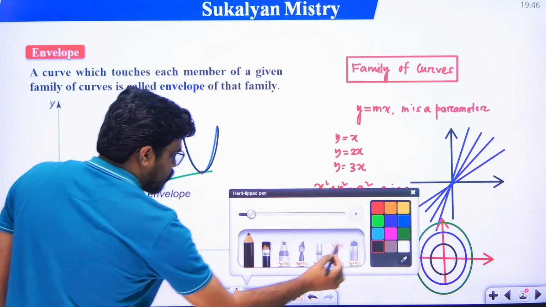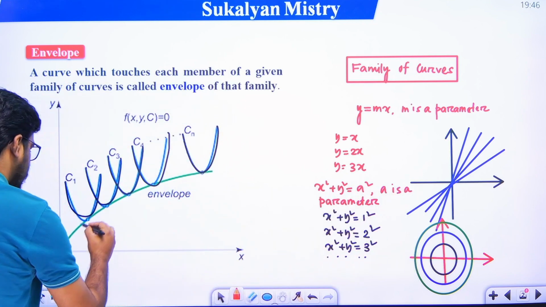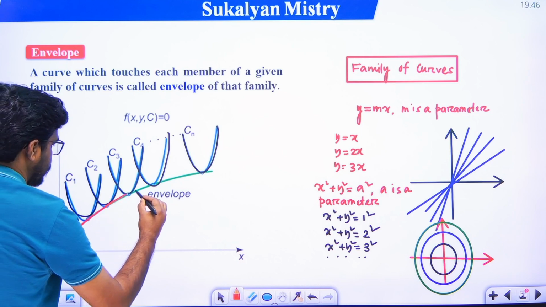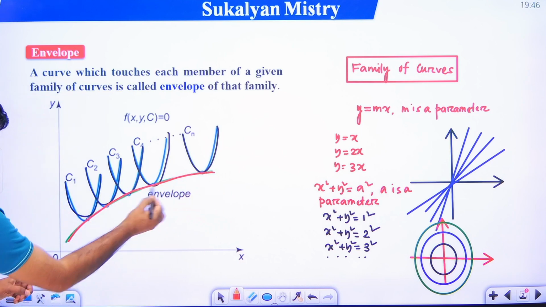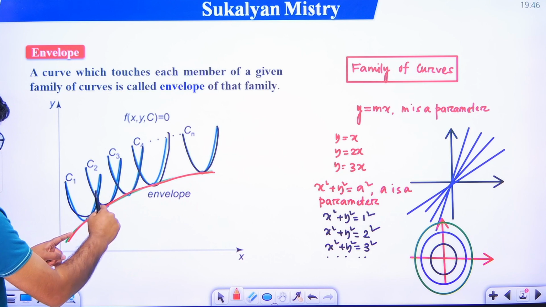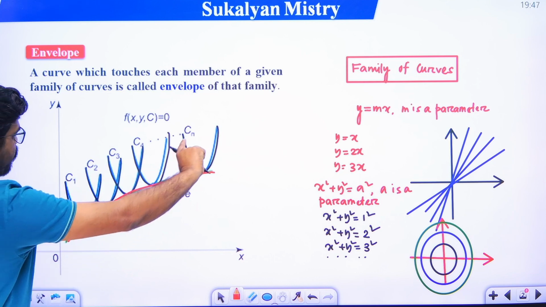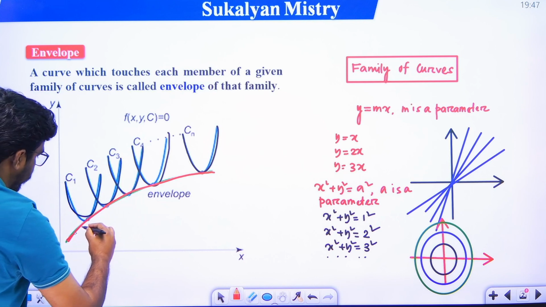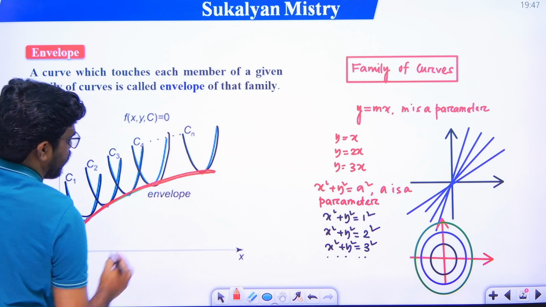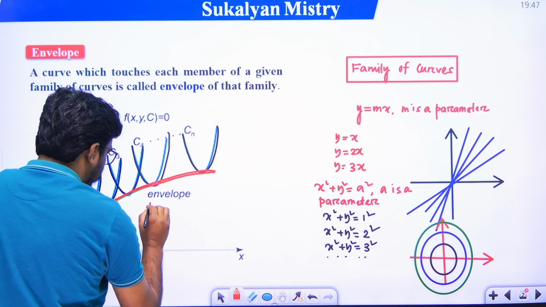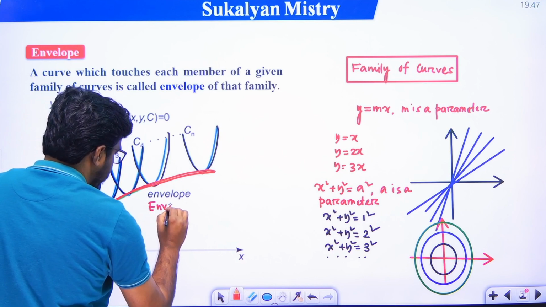And this curve touch each member of the given family of curves. So this curve is called envelope.